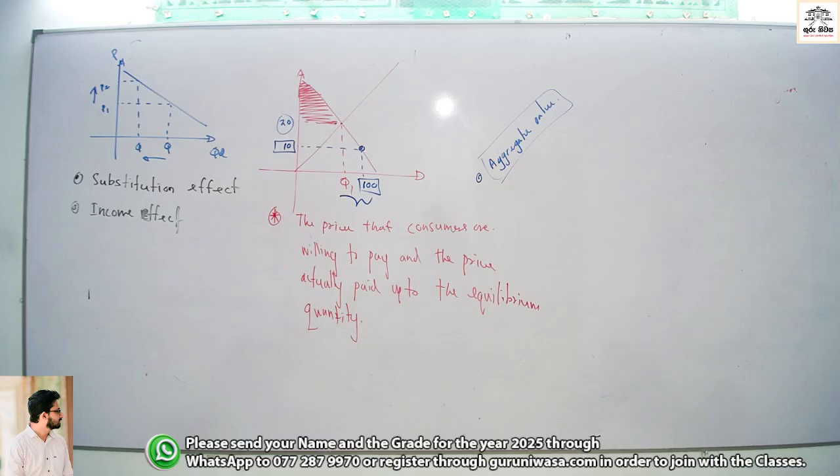Which is created by the price that, how to say that, the price that the producer receives is higher than what the producer expects. You get the point? That is the base point.